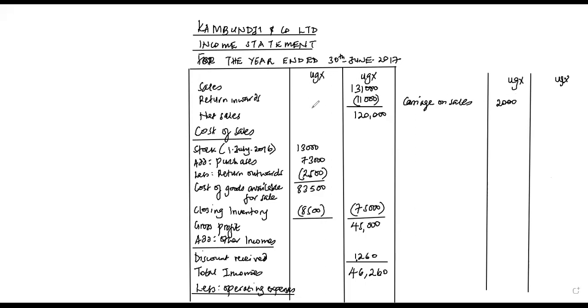You have discounts allowed to your customers. This is 1,800. You have rent and rates as an expense, 5,960.